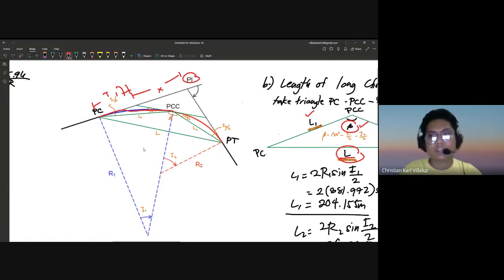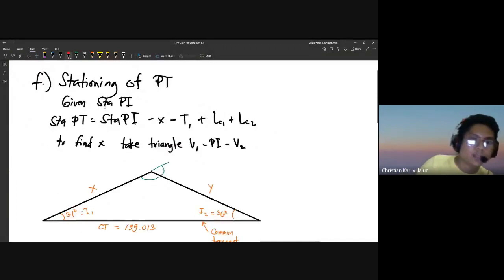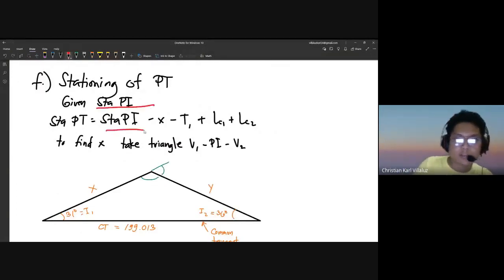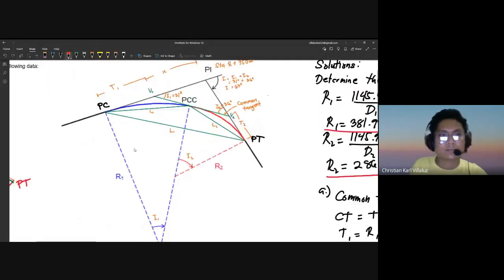So, yun nga sa formula natin kanina, kung given daw yung stationing ng PI, ito yung corresponding solution determining the stationing of PT. So, isa sa problema natin dito yung X kasi wala pang value yung X.